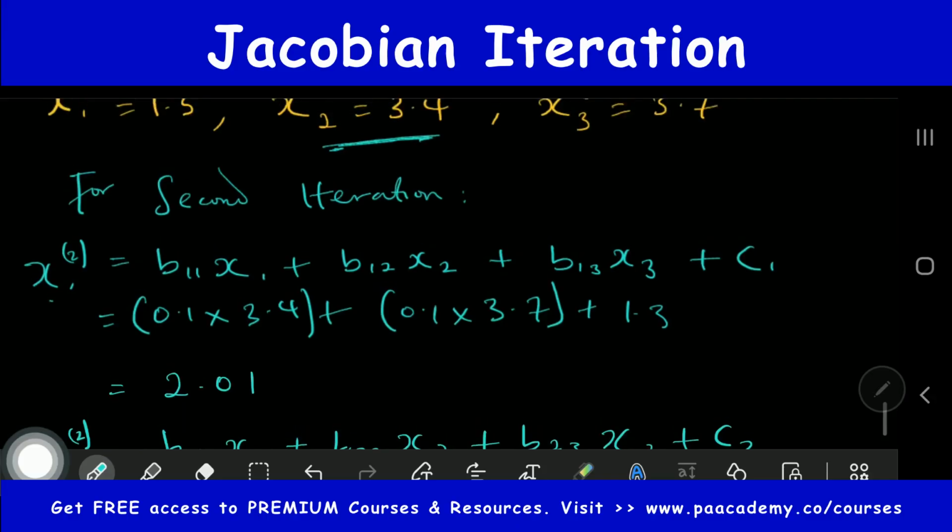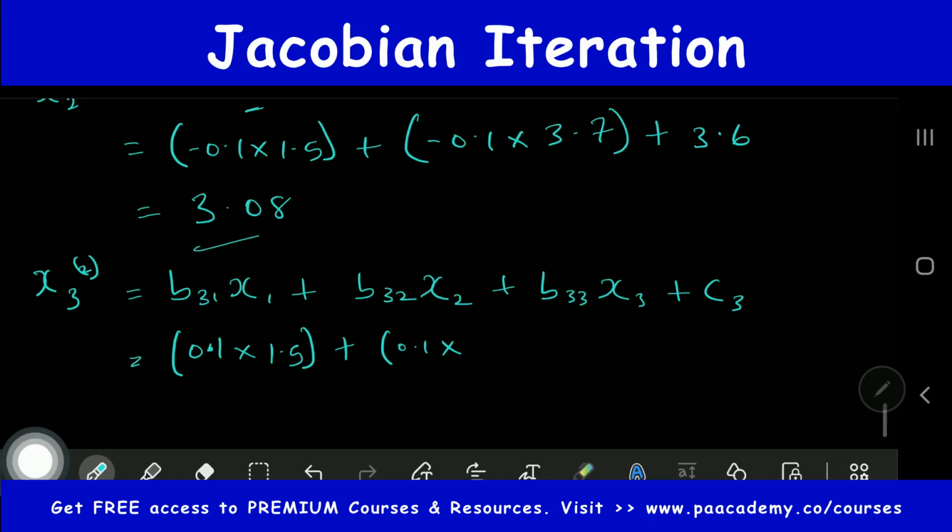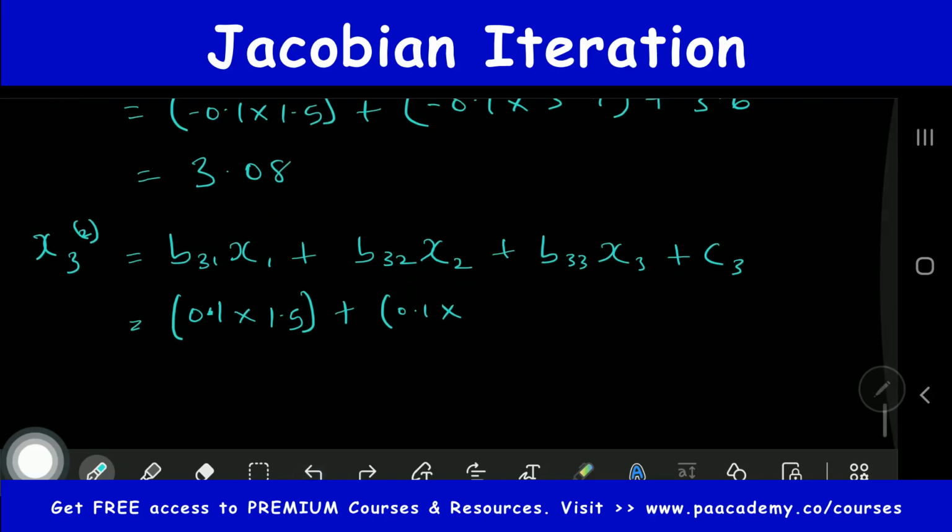Our x2 is 3.4, so don't make the mistake of using 3.08, because we are dealing with Jacobian right now. So that will be times 3.4, then plus our c3, sorry, 3.5 rather, not 2.5. So if you do all of this correctly, you are going to be getting 3.99.